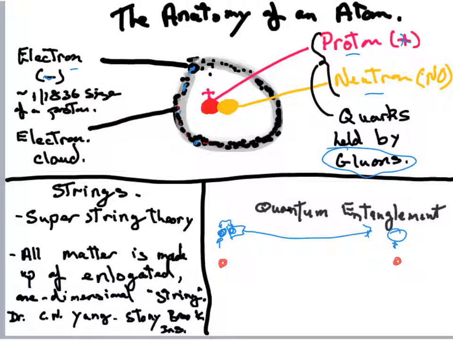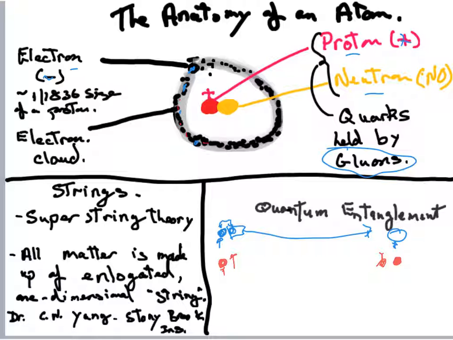Now, in particle physics and quantum physics, a particle can have a spin, and that spin is either up or down. And as soon as you measure a particular particle, and let's say that spin is up, immediately its partner particle will have the opposite spin.